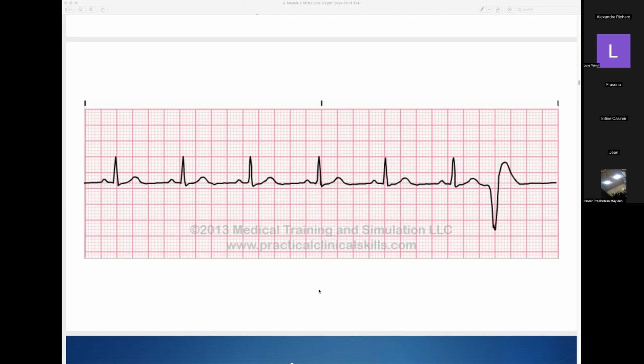What electrolyte should you check if you start to notice more frequent PVCs in your patient's EKG? Potassium, very good. So is the potassium too high or too low?